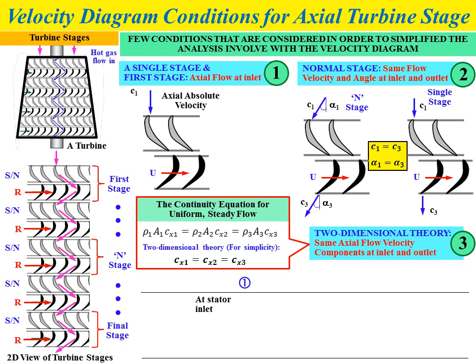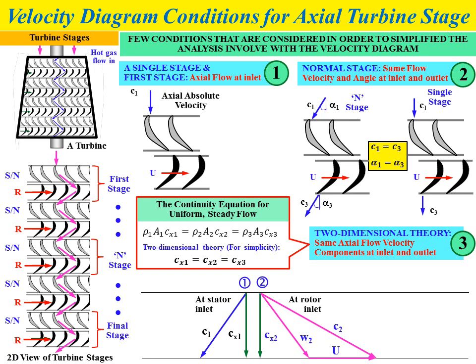At the stator inlet, as we discussed in the previous slide, we have the vector C1 at the inlet of the stator. The C1 vector will have the velocity component Cx1. At the rotor inlet, we have the vectors W2, U, and C2.